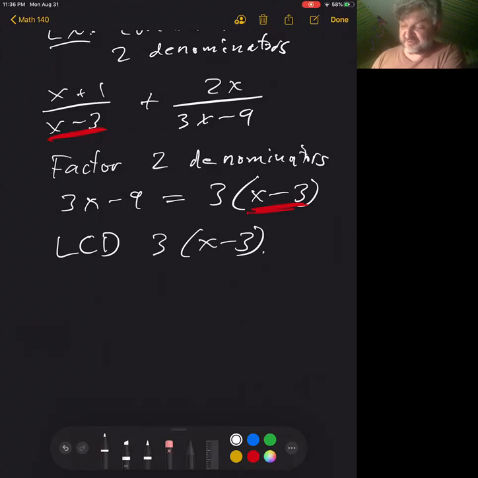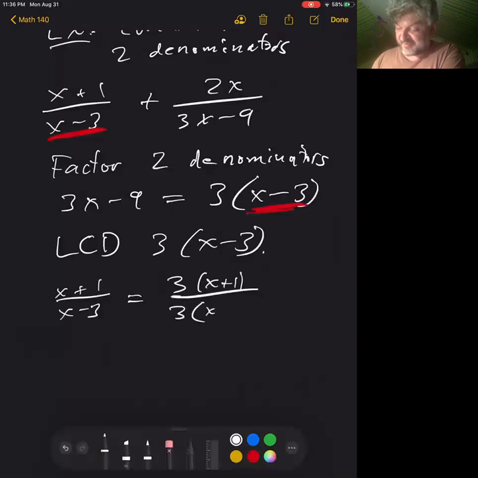So we just need to do this. x plus 1 divided by x minus 3 is 3 times x plus 1 divided by 3 times x minus 3. And then the second summand doesn't need any work. We can just straight up add them.